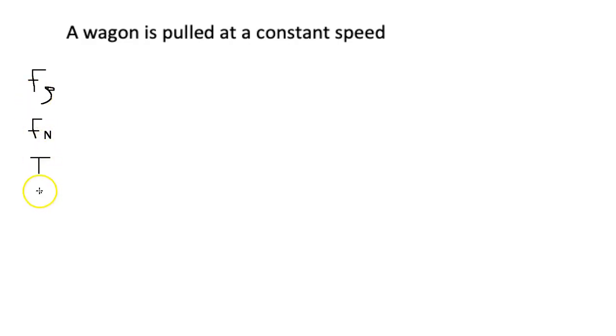And then finally the fourth one. Now if we draw these out, if we have weight and normal force, and then tension. Now if this was the case, the wagon wouldn't be getting pulled at a constant speed.